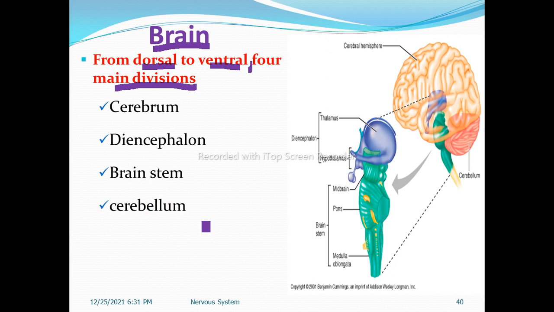If you want to understand this, this is the cerebrum, the largest. This is the cerebral hemisphere. But this center, the middle part of the brain, is considered the diencephalon.